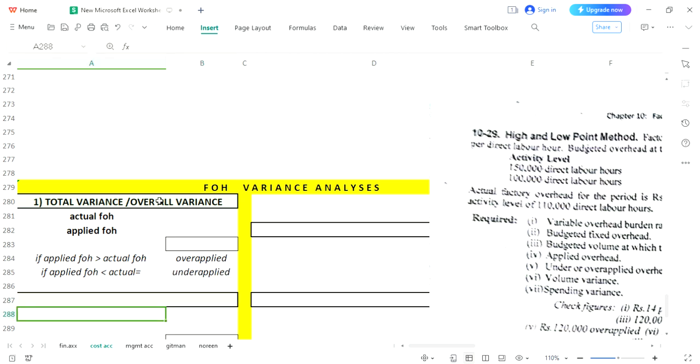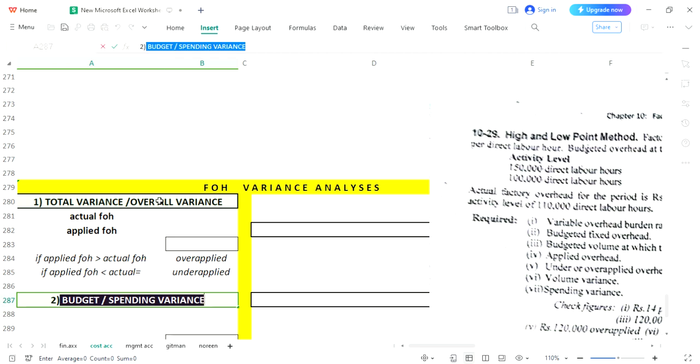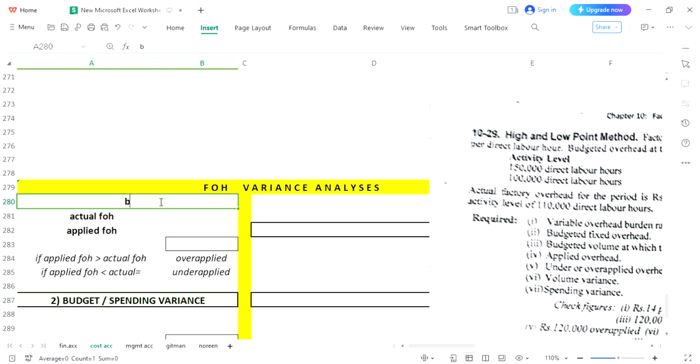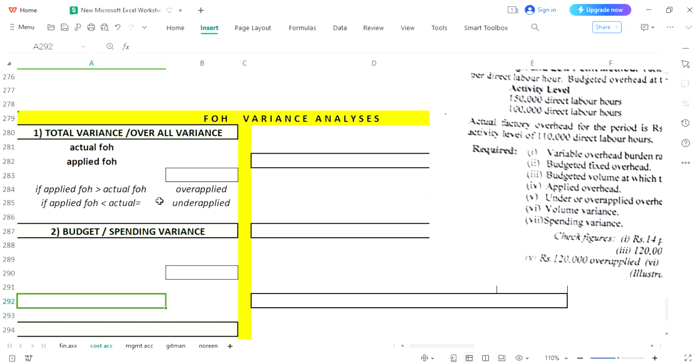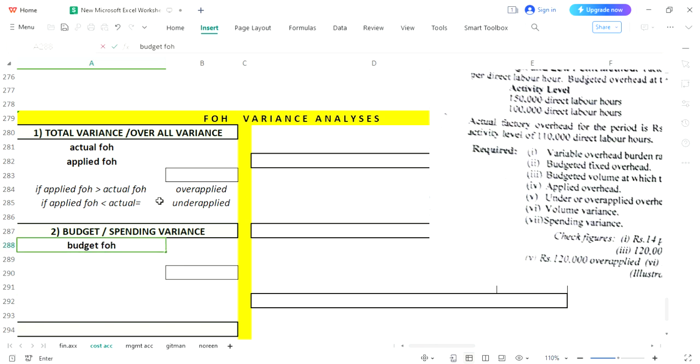The second requirement would be your budget variance. It is also called spending variance, which is the relationship between budget and actual FOH. So you will write your budget FOH over here at first stage, and then actual FOH. Finally, you will calculate its variance by taking the difference of budget and actual FOH. Then we will be concluding it focusing upon actual.